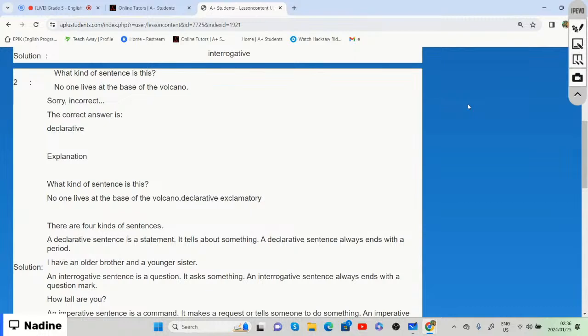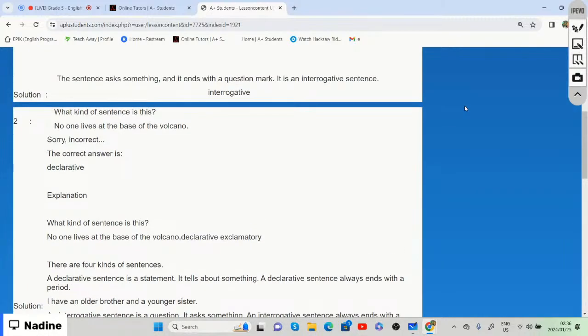So what type of sentence is that? Is it a declarative sentence, interrogative sentence, imperative, or an exclamatory sentence? So we need to say which type of sentence it is.